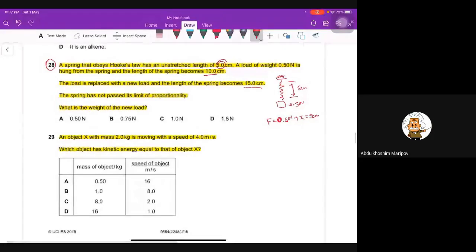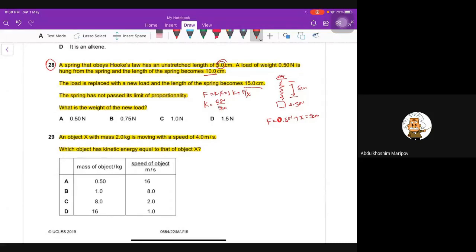The spring has not passed the limit of proportionality, so it's still obeying Hooke's law. What is the weight of the load? So first of all, force equals K times X. So here K would be force over X. When we applied 0.5 Newton, we had the extension of 5 centimeters, right?